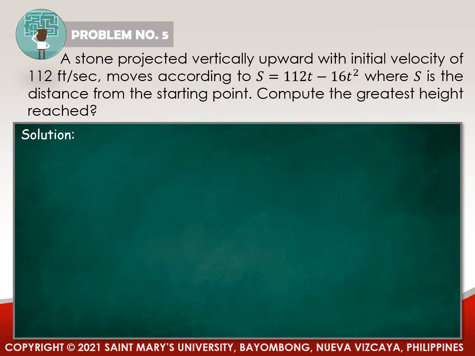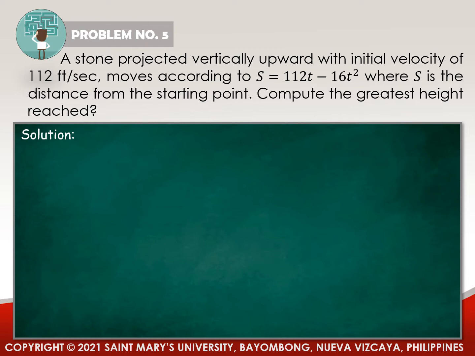A stone projected vertically upward with an initial velocity of 112 feet per second moves according to the equation s equals 112t minus 16t squared, where s is the distance from the starting point. Compute the greatest height reached. So how are we going to do that? It's very simple.